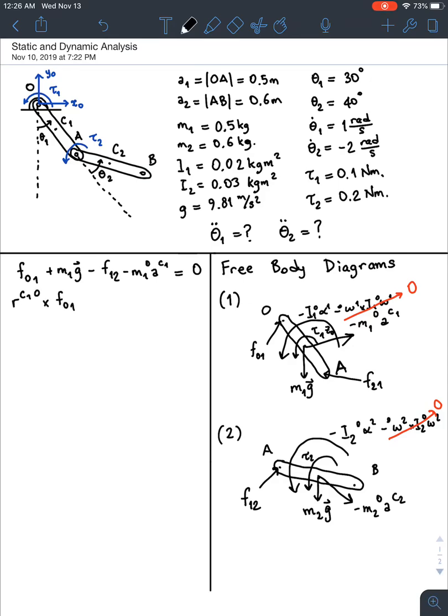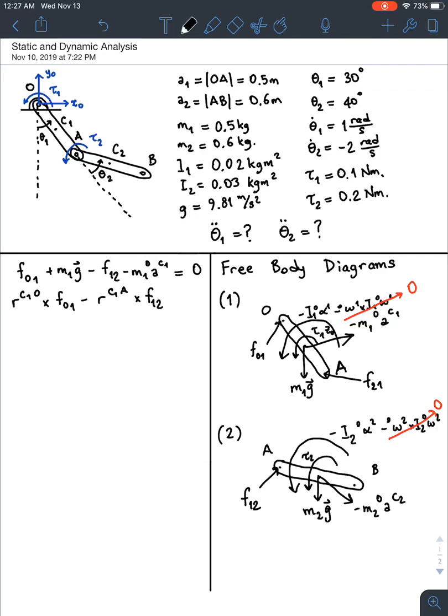F01. That's the moment of the force that acts at point O about the center of mass, plus the position vector that goes from C1 to A cross F12, of course, that's F21, so I need a minus here. This is the moment of the force F21 about the center of mass.